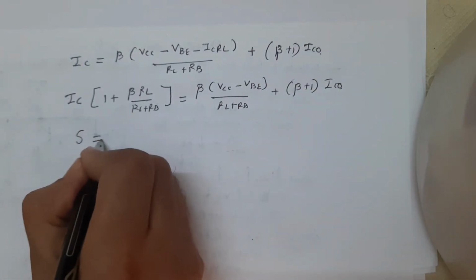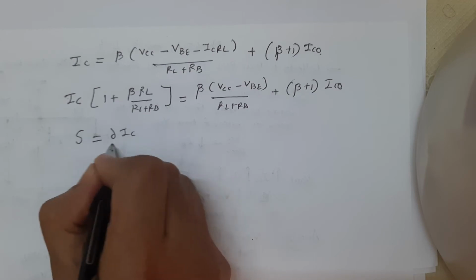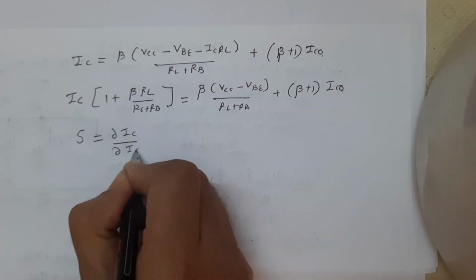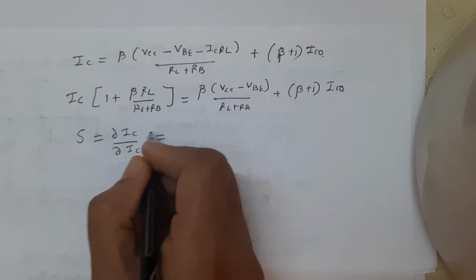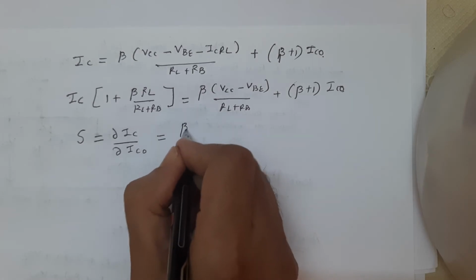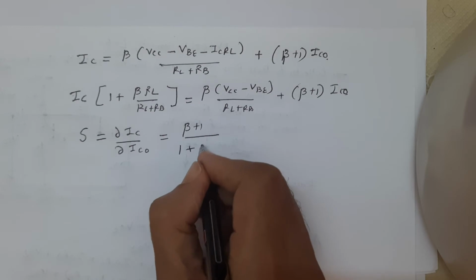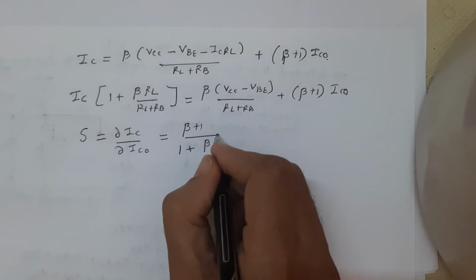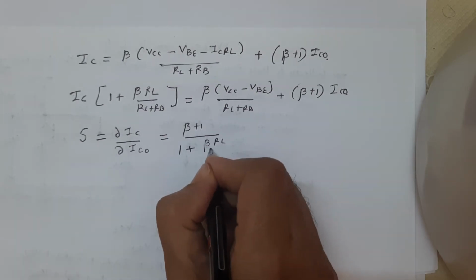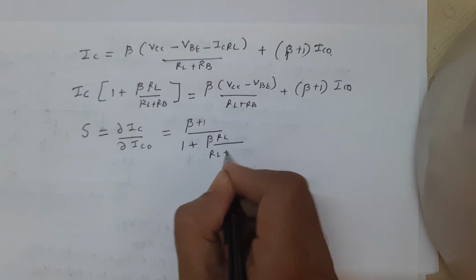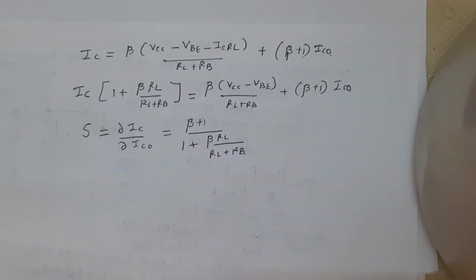Therefore, S is equal to del IC by del ICO, which is equal to (beta plus 1) upon (1 plus beta RL upon RL plus RB).